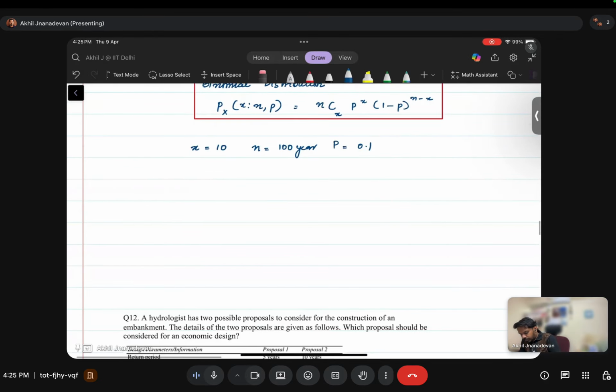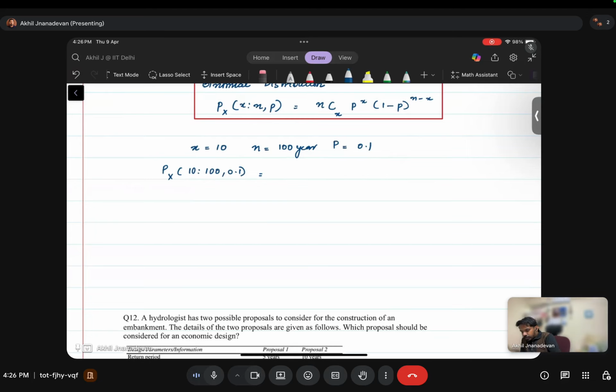So 10 times it should occur in 100 years with a success probability of 0.1. So this is what we need to find.